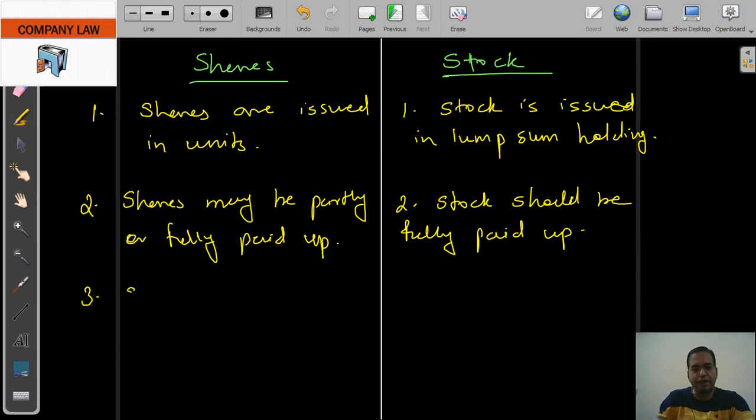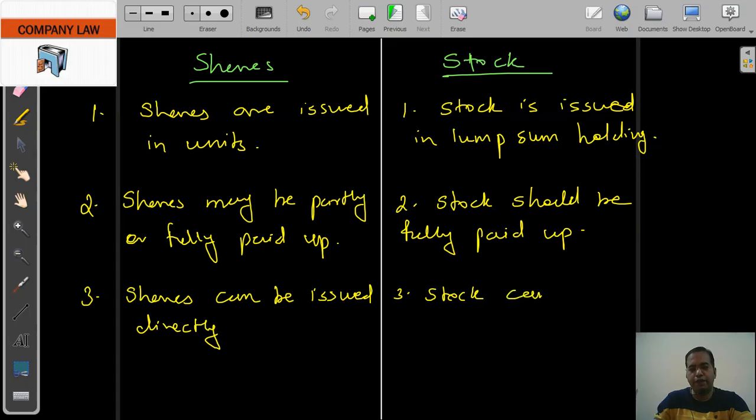So shares can be issued directly. As I told you, it is not possible that stock can be issued directly. Stock cannot be issued directly.